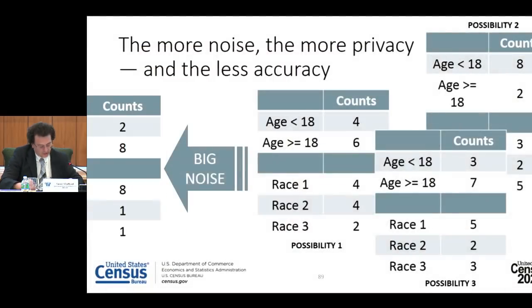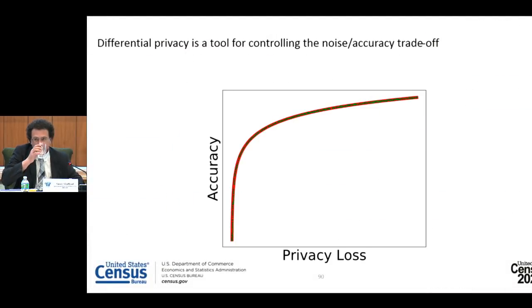The more noise that's added, the lower the accuracy, but the amount of privacy loss is also lower. So data swapping has the same property, but for any given level of privacy loss, swapping is less accurate.